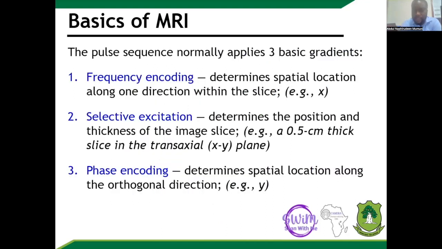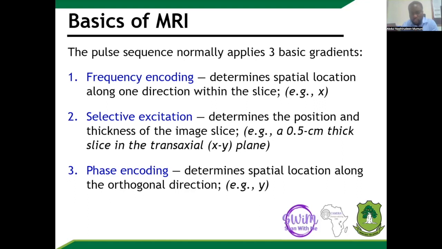And there are 3 gradient coils that we apply during imaging. The first one, frequency encoding. What it does is that it maps position to frequency. So if a particular anatomy is at a particular location, its frequency varies slightly from the center frequency. And we've already stated that at 1.5 Tesla, the center frequency is 64 megahertz.